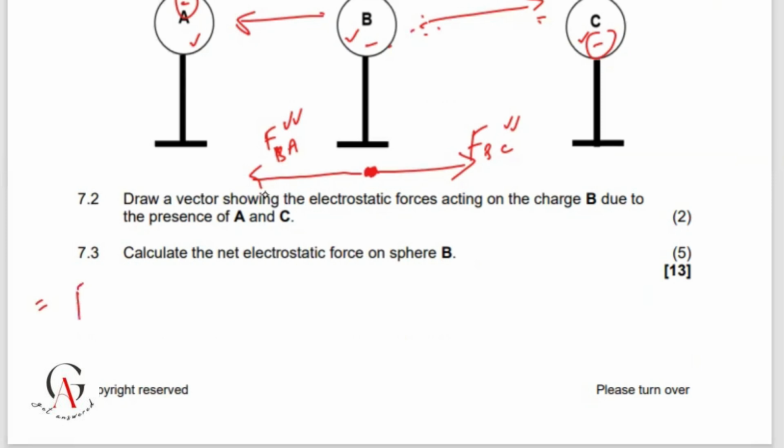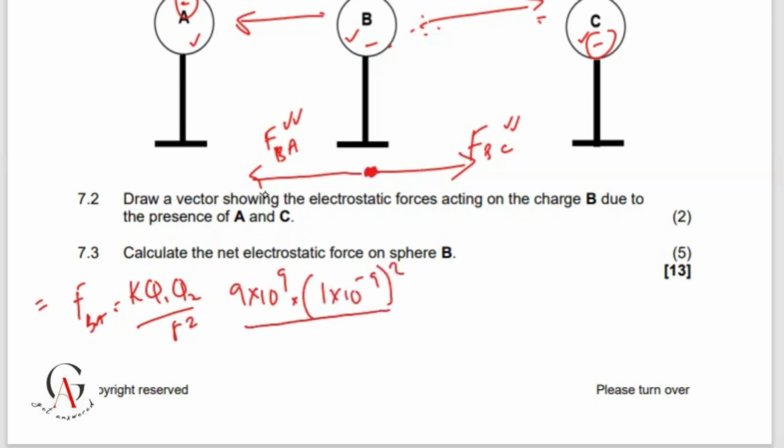So if I look for the F_BA, remember it's k Q1 Q2 over r squared. So our k is 9 times 10 to the 9. But then we are multiplying by the same charge, 1 times 10 to the -9, squared. Over the distance of separation, which is 15 centimeters, which is 0.15 squared.